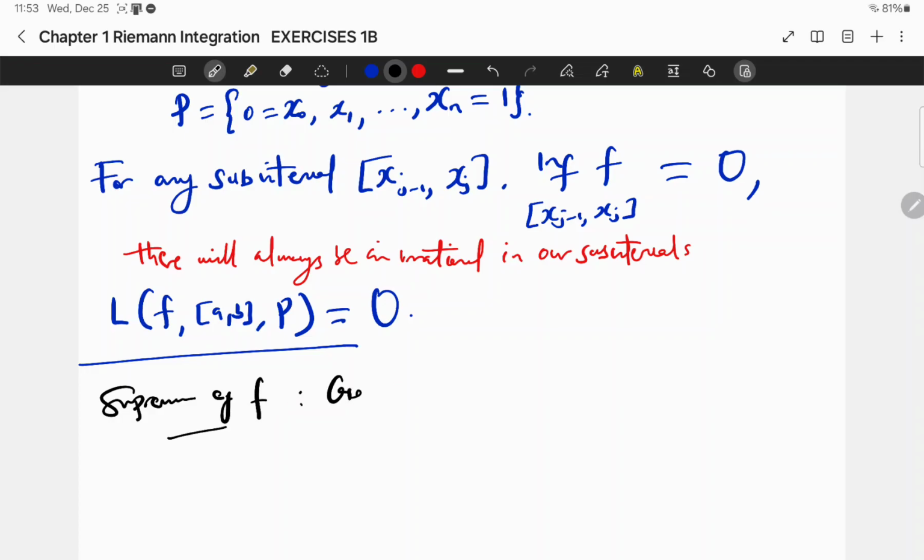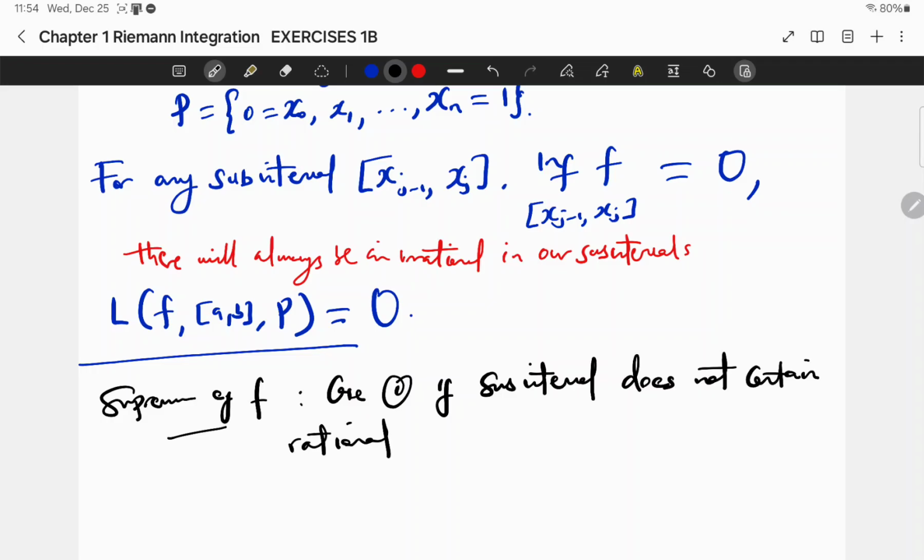So case 1: if the sub-interval does not contain a rational, that means that the sup of f over such sub-interval s_{j-1} to s_j will be equal to 0.